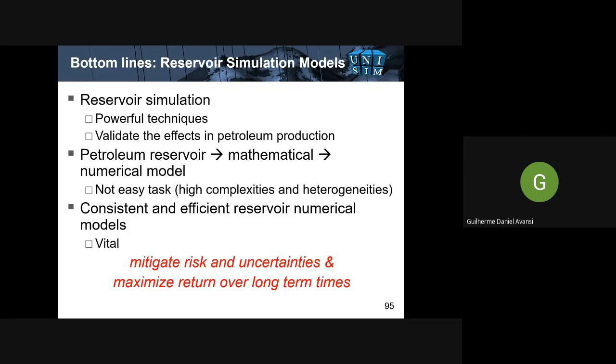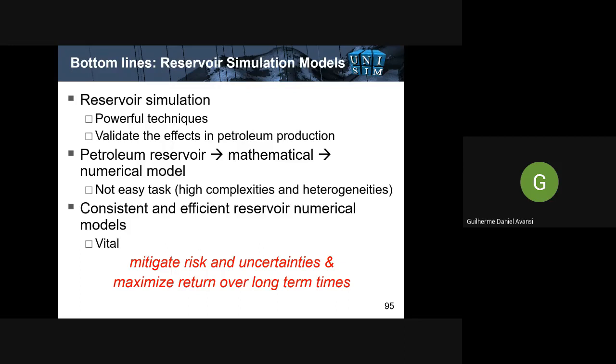Another point is not only to build our reservoir simulation model, but also to check if the results are okay or not. Because if the results are not okay, you need to be careful because we are representing a reality, a physics, that is not realistic. So we also need to build consistent and efficient reservoir numerical models.